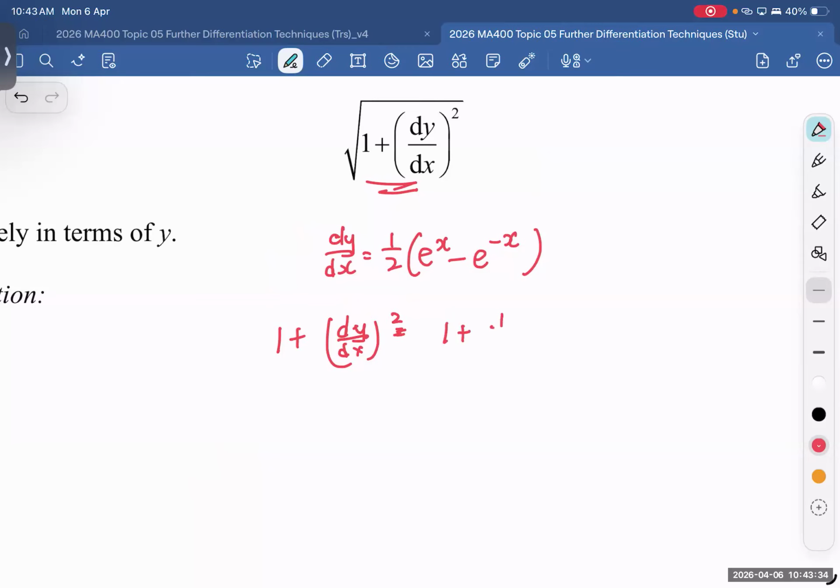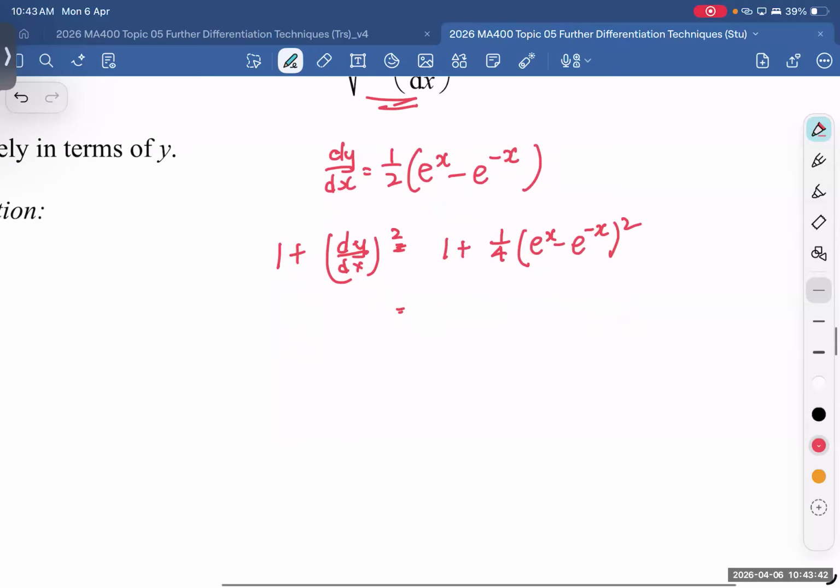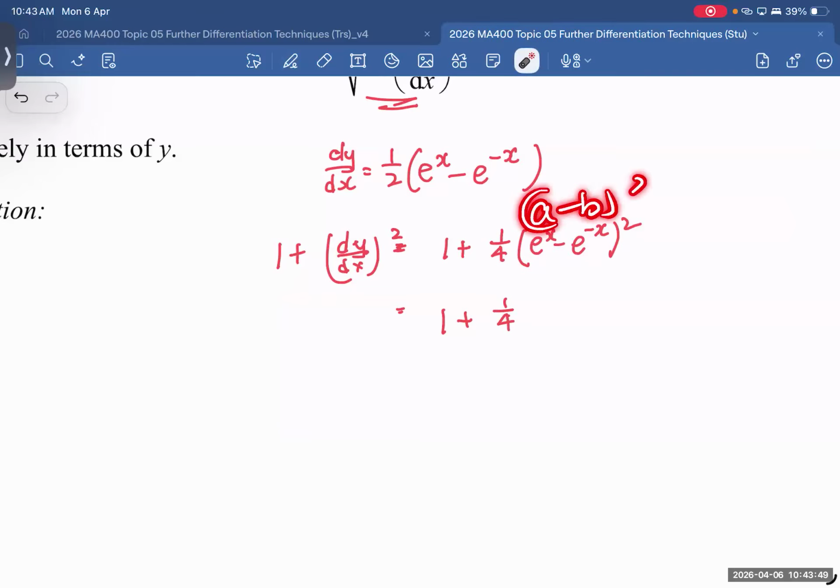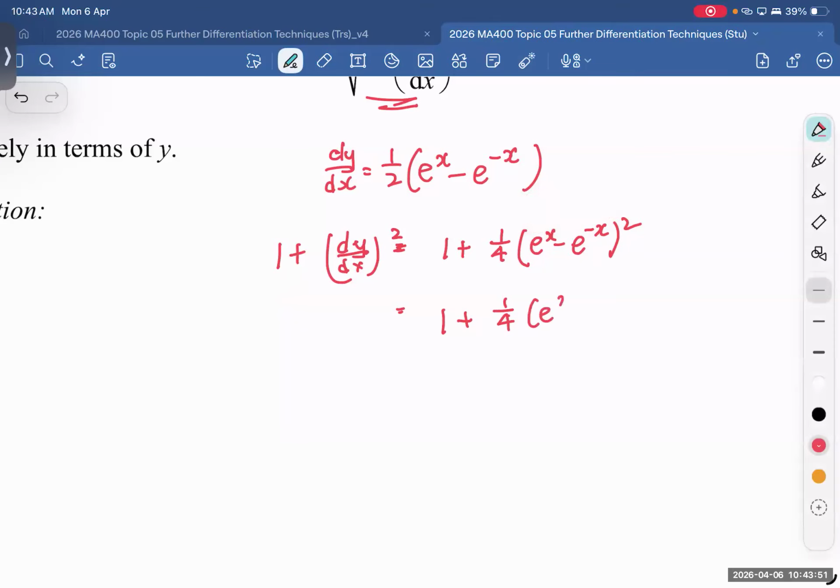Okay. So this is (e to the power x minus e to the power negative x) squared. What do I have? 1 plus 1/4. This is (a minus b) squared, which is the same as a squared minus 2ab plus b squared, which is e to the power 2x minus 2 plus e to the power minus 2x.